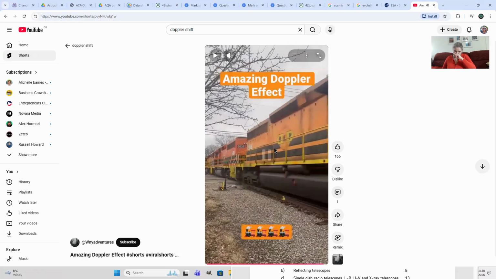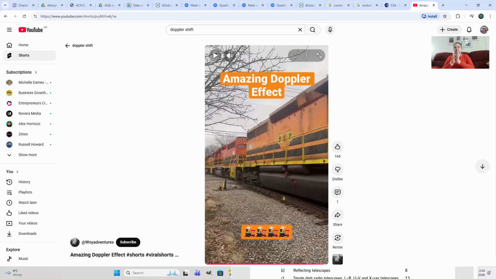Right, so what that is, is that the source of the waves is moving relative to the observer. When the source of the waves is coming towards you, in this case it's a train and the waves happen to be sound, but it works with light as well, then the waves get squashed and the wavelength is shorter, and consequently the pitch, the frequency, goes up because each of the maxima arrives sooner, right?